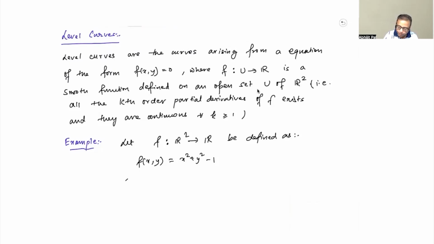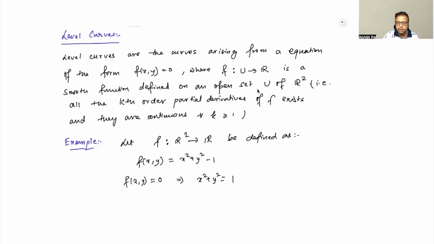If I take this equation f(x,y) = 0, this means x^2 + y^2 = 1. So this represents a unit circle.